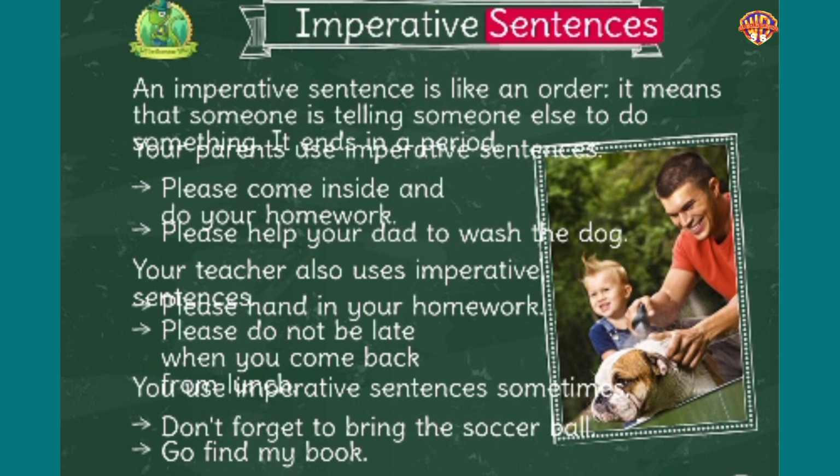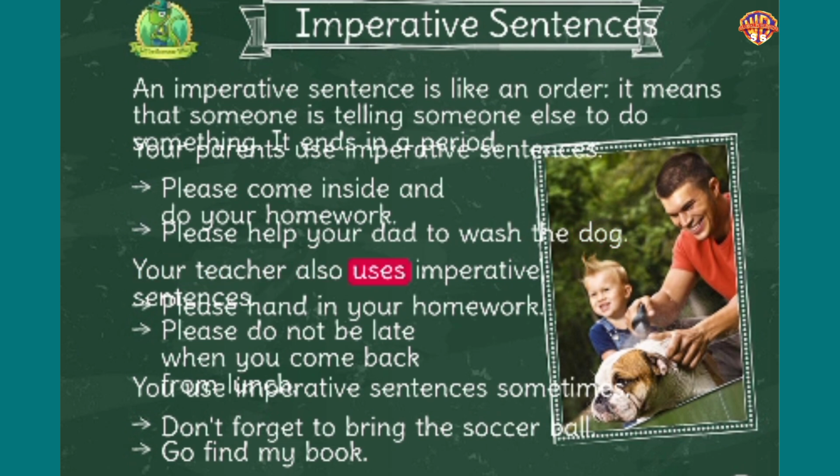Imperative sentences. An imperative sentence is like an order. It means that someone is telling someone else to do something. It ends in a period. Your parents use imperative sentences. Please come inside and do your homework. Please help your dad to wash the dog.